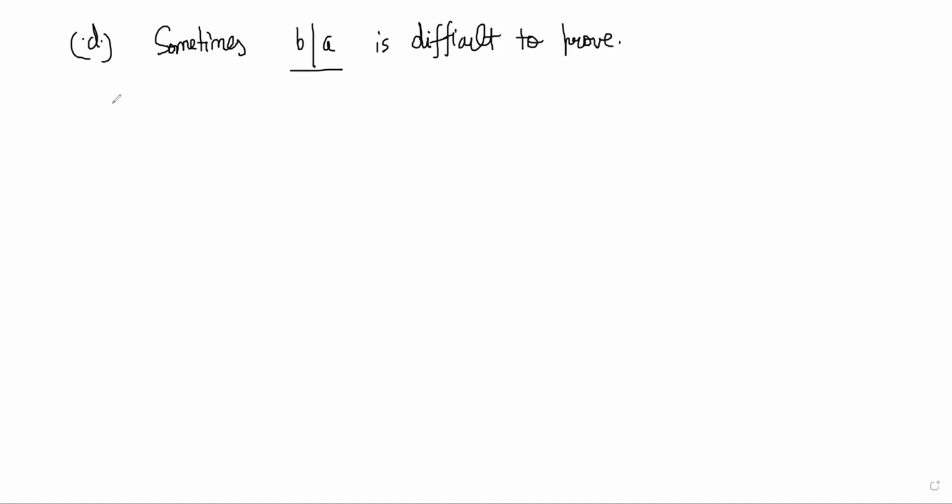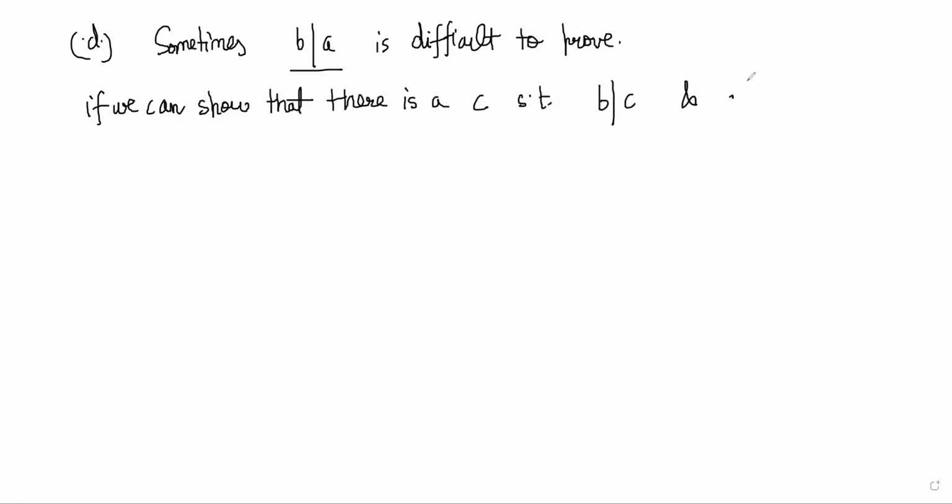Then a common strategy is to try to get an intermediate number C. If we can show that there is a C such that B divides C and C divides A, we can take advantage of the property of transitivity to prove that B divides A. So a direct proof may be difficult sometimes, and you might need to take into account an intermediate, right?